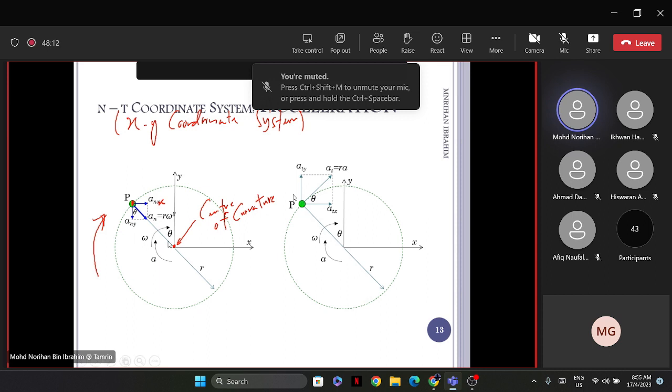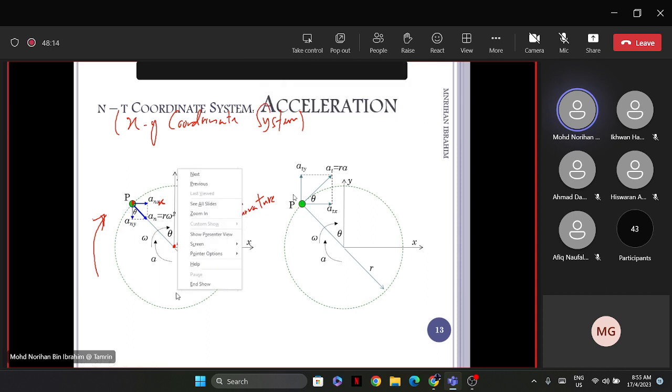For this an itself is equal to r omega square.